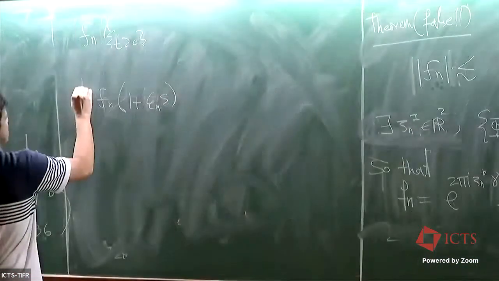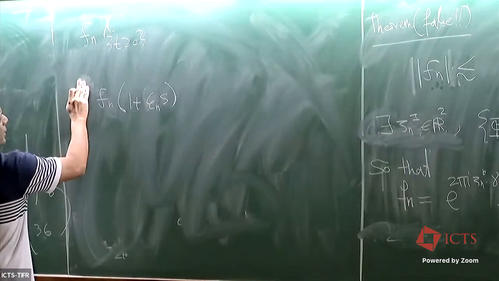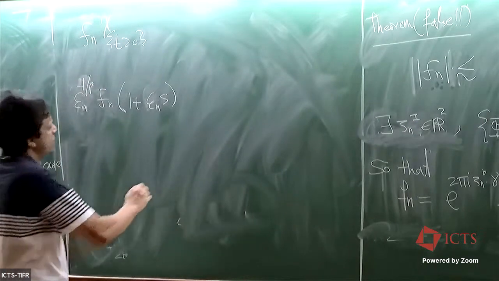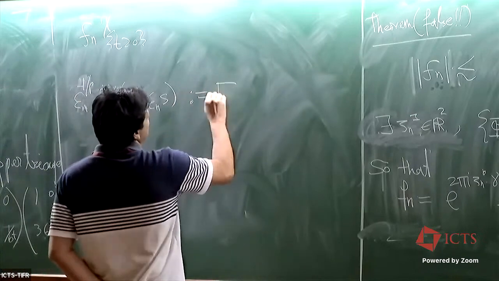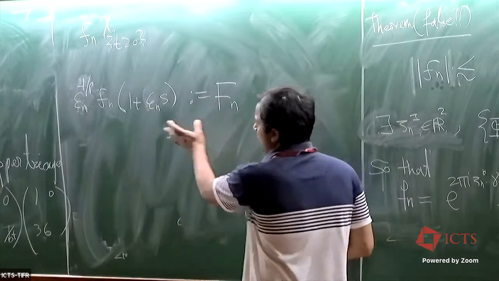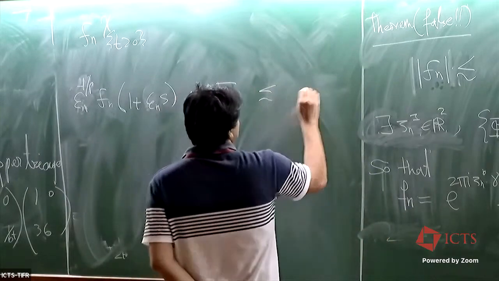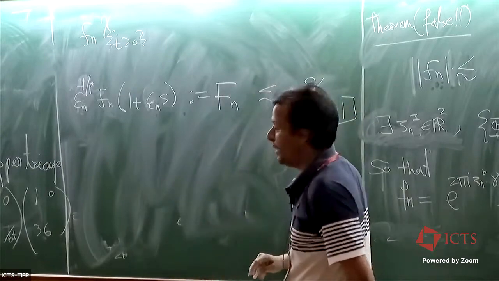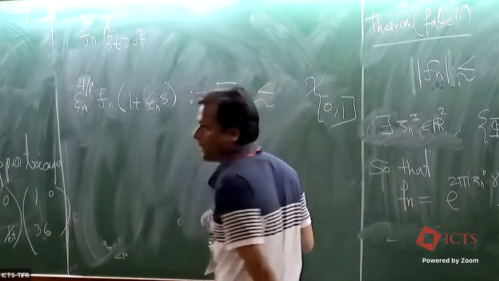Let me define this to be capital Fn. What can you say about capital Fn? First of all, it is compactly supported, on the interval about 0 to 1, and these are also uniformly bounded.